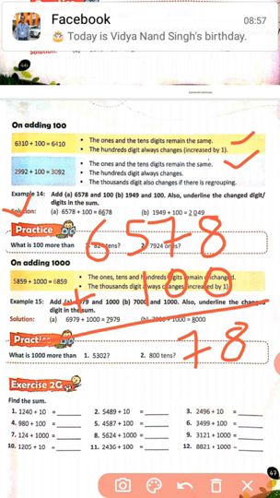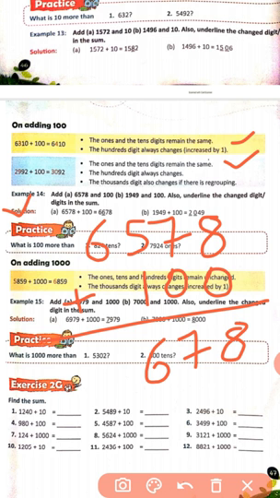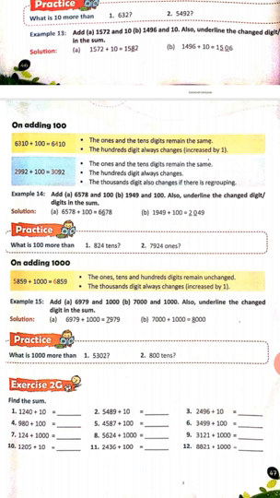It will increase by 1. So you can write 6 here, and the thousands place digit will not change. So we have sum 6678.